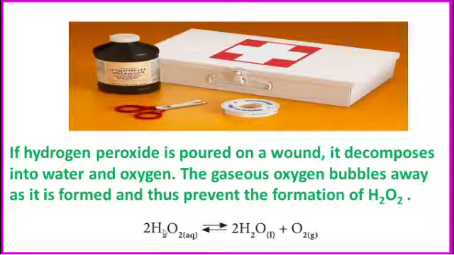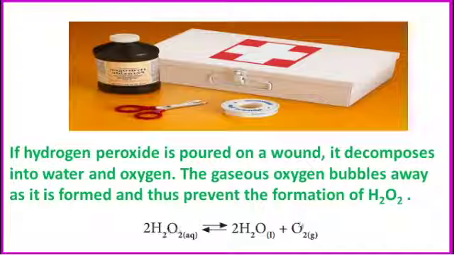When poured on a wound, it decomposes into water and oxygen: H2O2 decomposes to form 2H2O and oxygen. The gaseous oxygen bubbles away as it is formed and thus prevents the formation of H2O2.